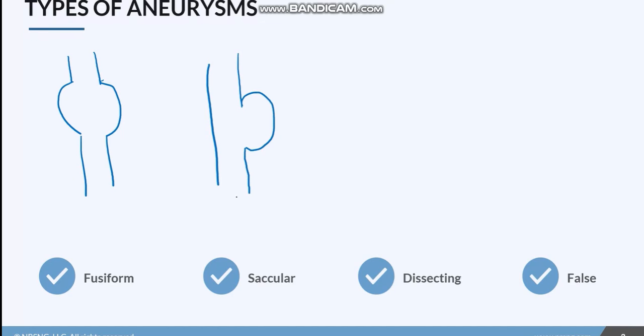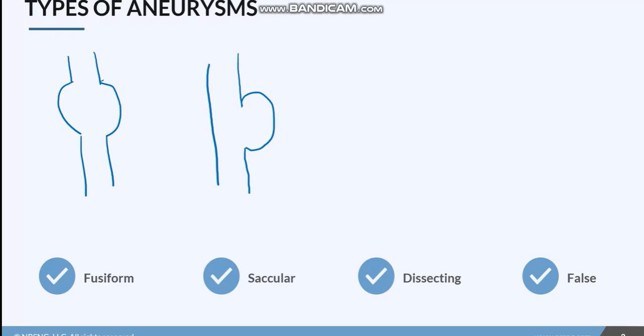Now, there's 4 different types of aneurysms based on their shape. First is fusiform. This means that it involves the entire circumference of the vessel, just like what we saw on the last slide. And the second type is called saccular, which means it's just an outpouching on one side of the vessel.